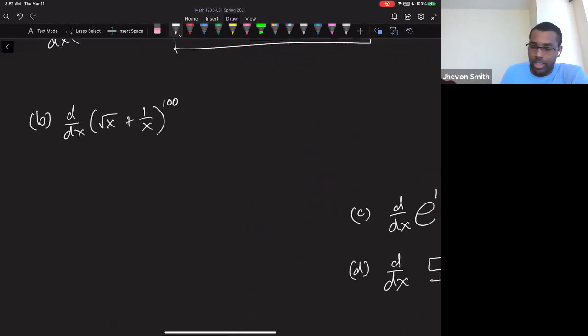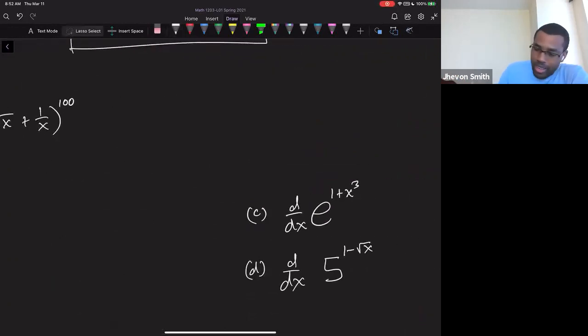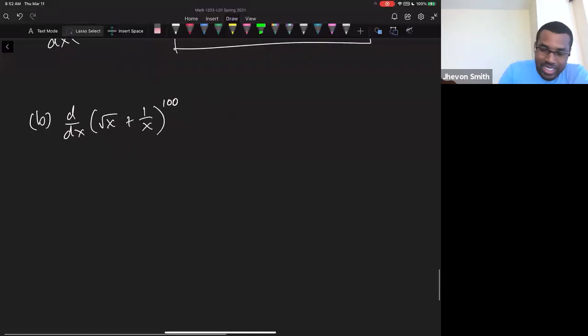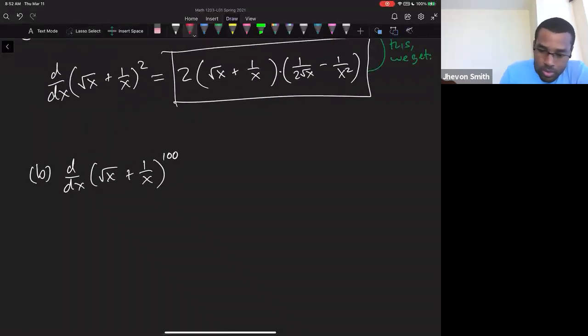However, in this case, I think it would be clear that you actually don't want to use the first method. We would not want to use the first method here.